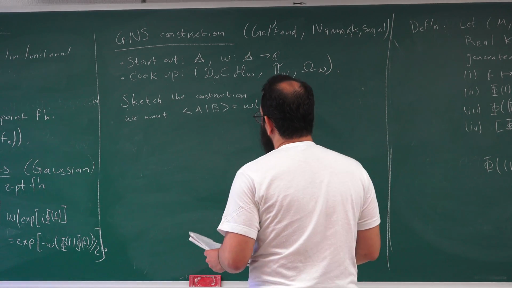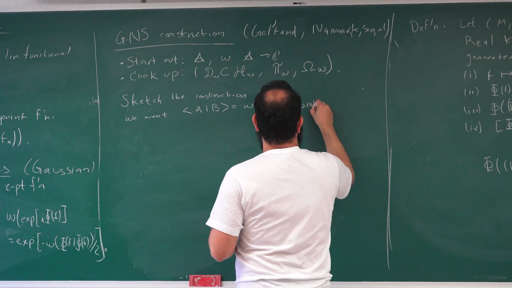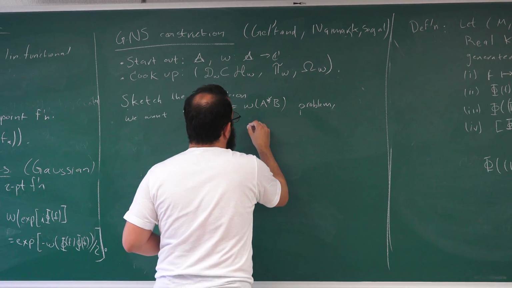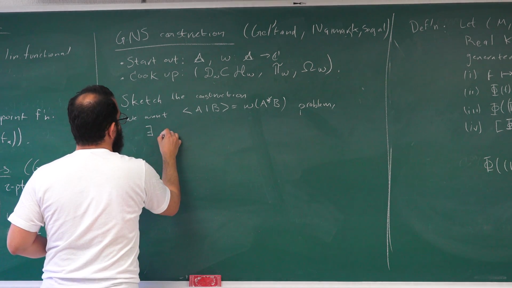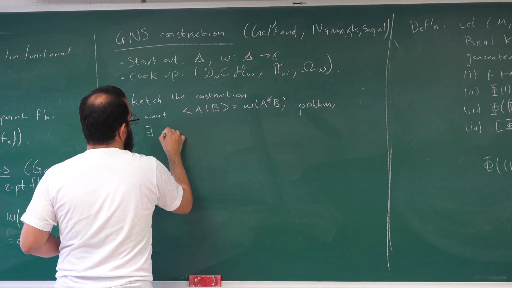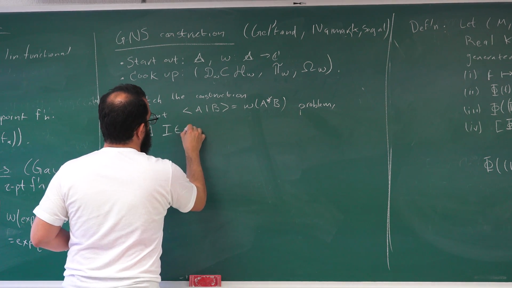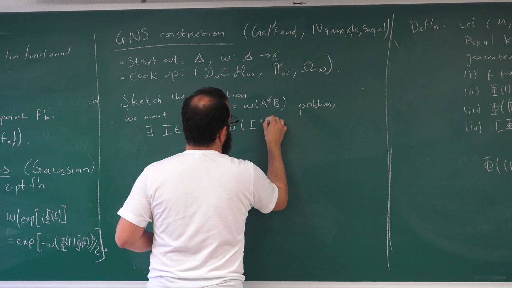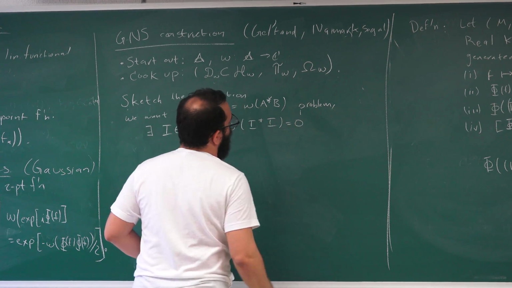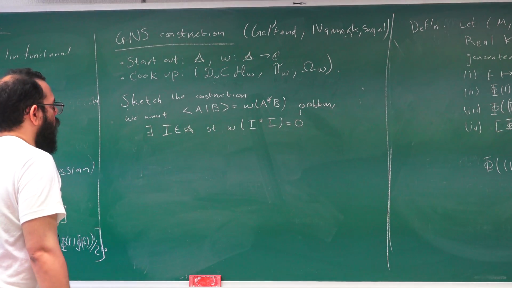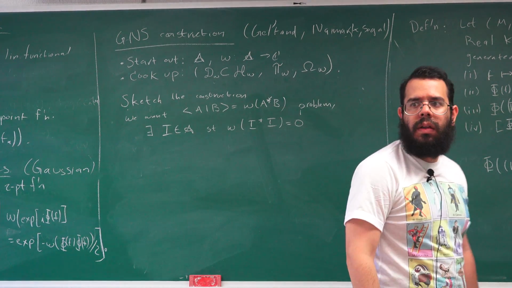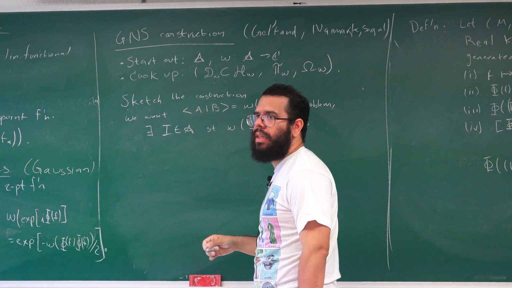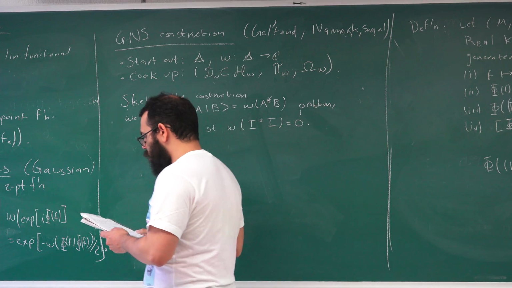There is, of course, a problem, and the problem is again that there exist algebra elements, such that the two-point function vanishes, and which are not necessarily the zero element.